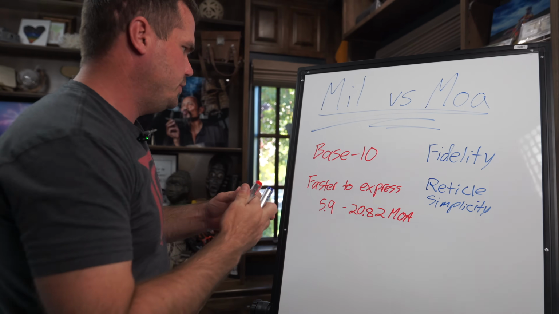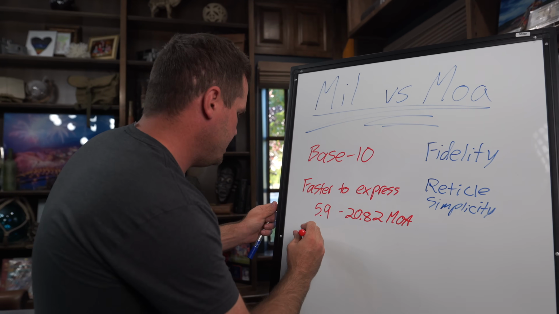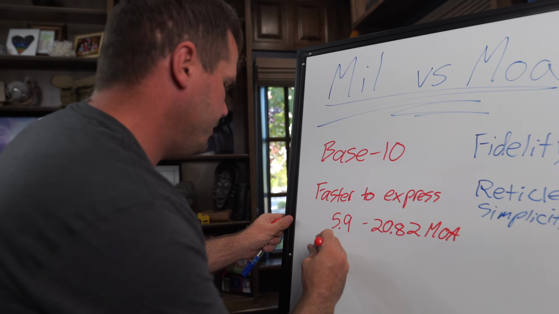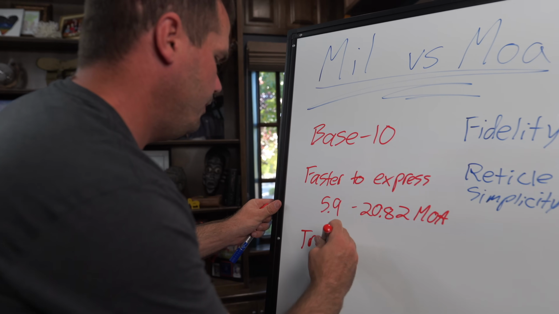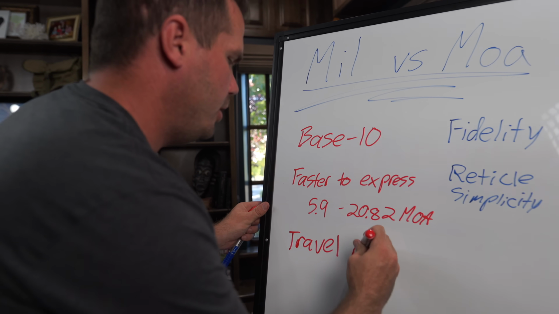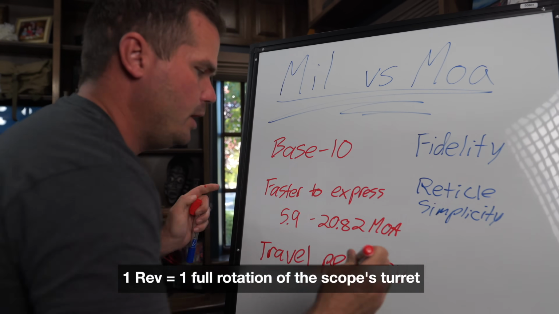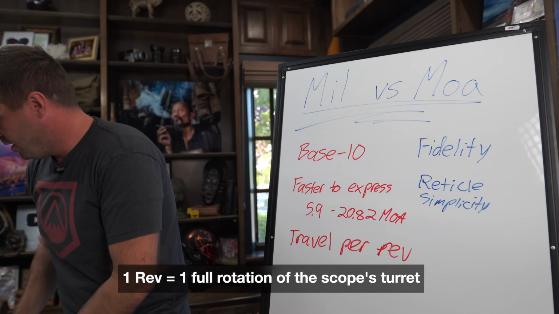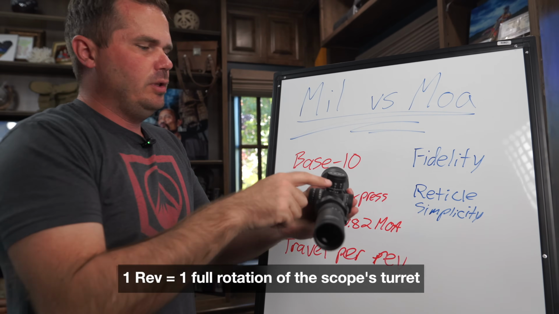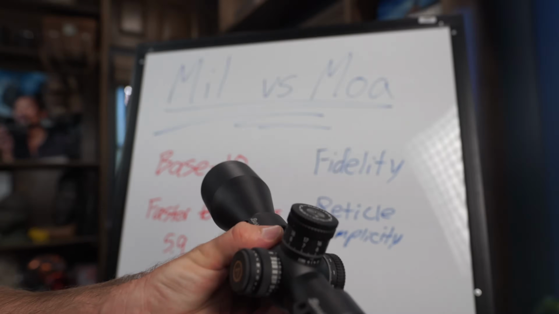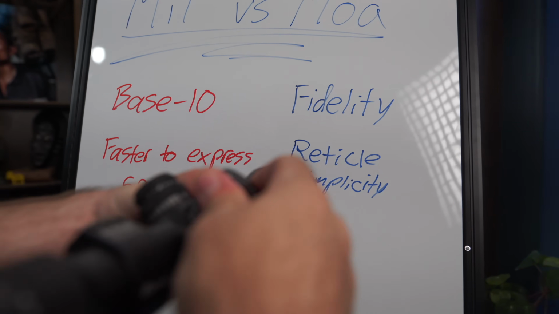Next, I'm going to give to the mill system travel per rev. So when you're shooting at extremely long distances, you only have a certain amount of adjustment you get before you cross the 0.